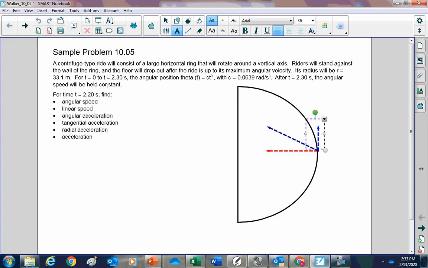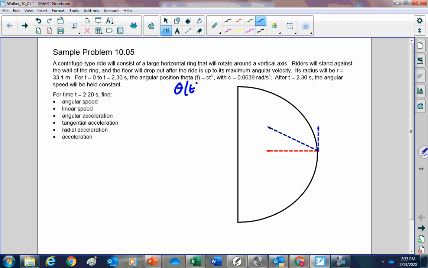Here's a problem where we're solving for a lot of different angular and linear quantities using the derivative of the position function. We are given the radius of this amusement park ride, and we are also given the function for theta versus time.